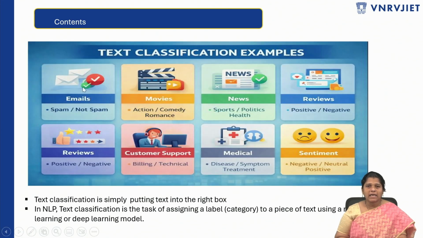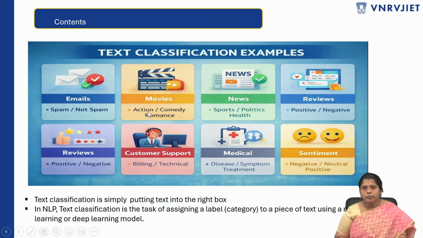As we can see in the examples here, we have spam and not spam, classifying based on the content we have in the mail content. So I can classify it into good mail content or spam.